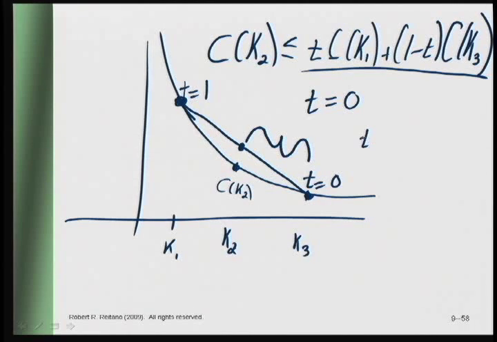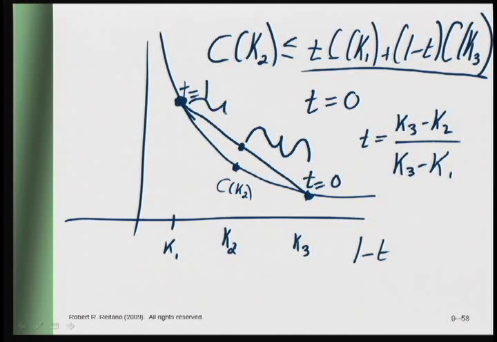So t would be k3 minus k2 over k3 minus k1. And then the coefficient of c of k3, which is 1 minus that, would be this proportionate part of the curve, which is k2 minus k1 over k3 minus k1.